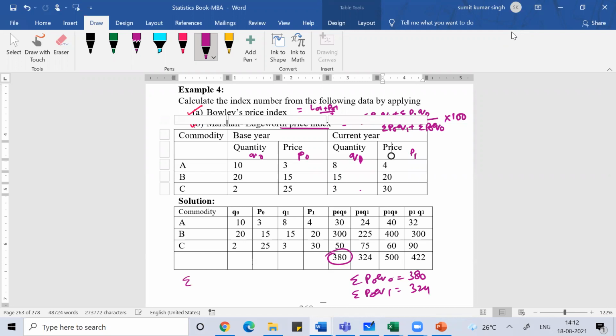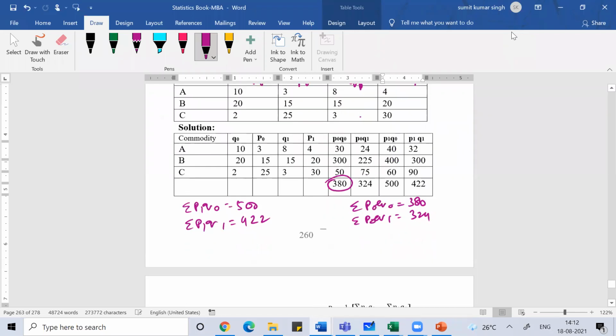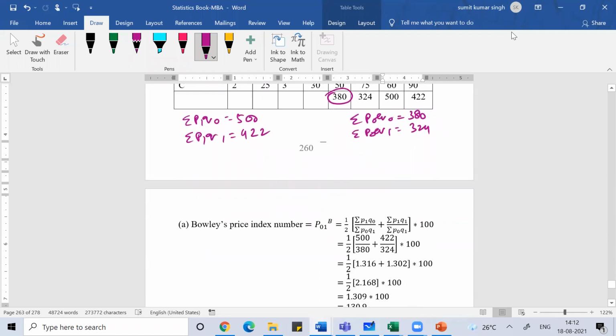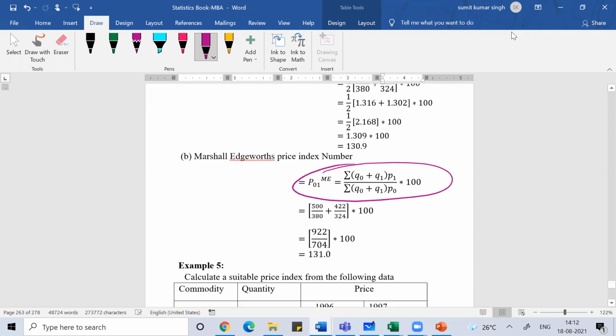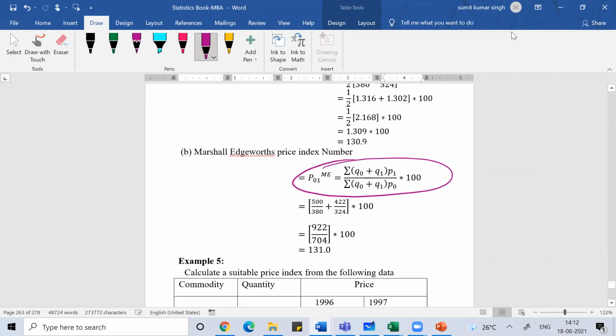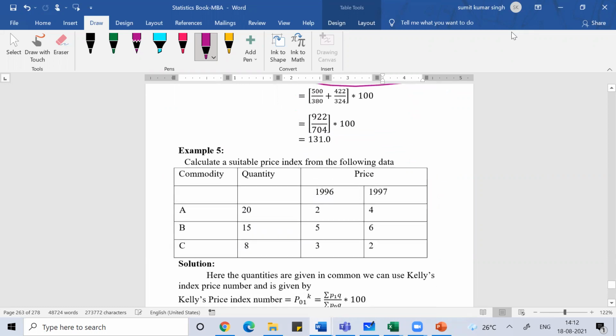Similarly, sum of P1 Q naught is equal to 500 and sum of P1 Q1 is equal to 422. Once you get these values, you simply apply them in the formulas of Bowley index number and Marshall-Edgeworth method, and you will get both the values as 131.